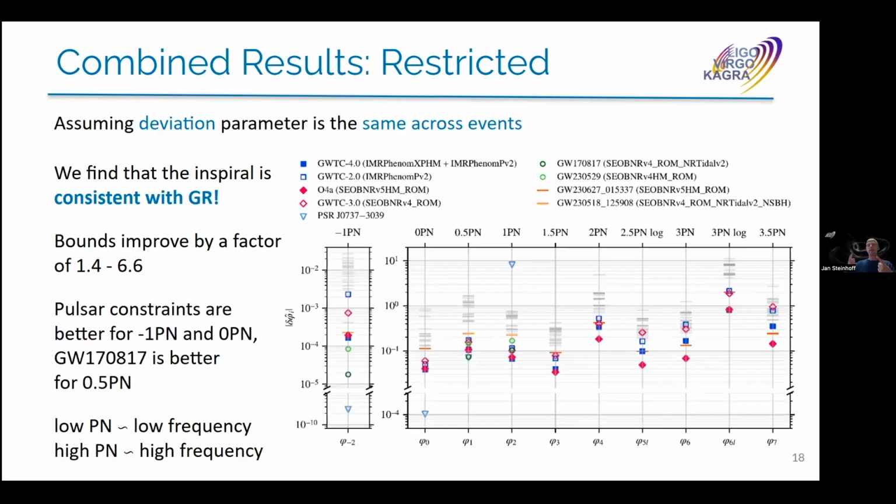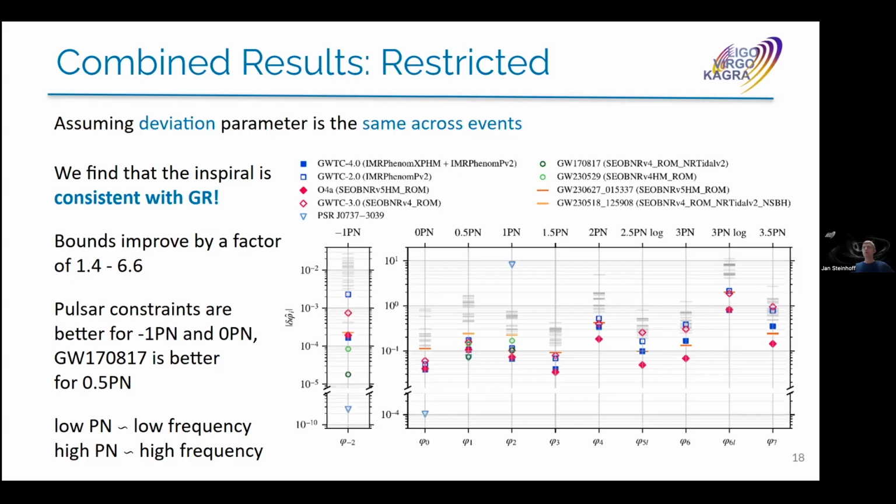So this is for the single parameter tests. And we do combine the results from most events using the restricted method here. And in the plot, you see the 90% bounds for the posterior of the testing GR parameter on the y-axis on a logarithmic scale, and on the horizontal axis is the PN order. If you look at the top, so to say, it goes from -1 PN to 3.5 PN.